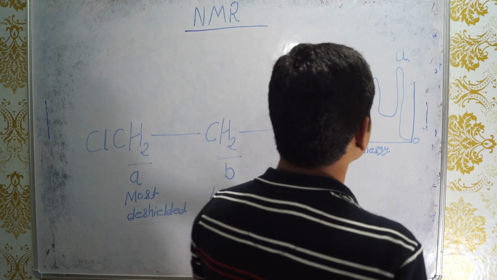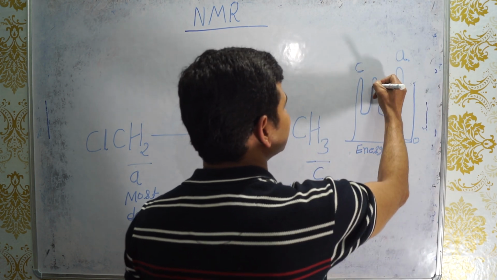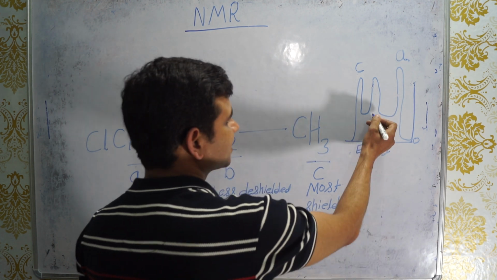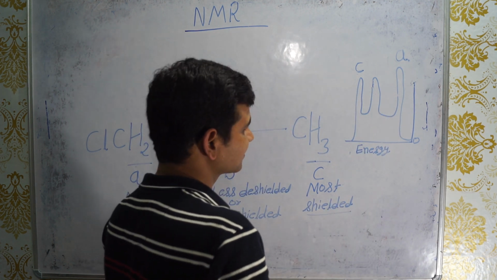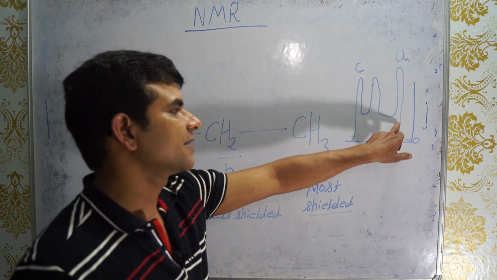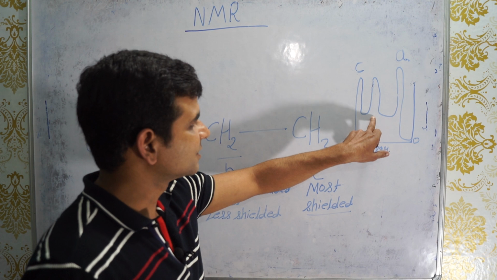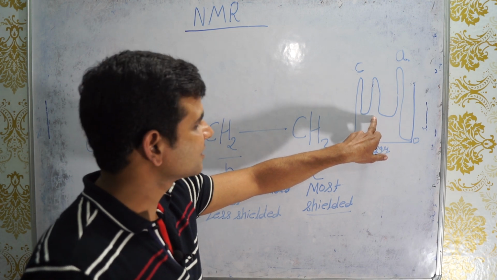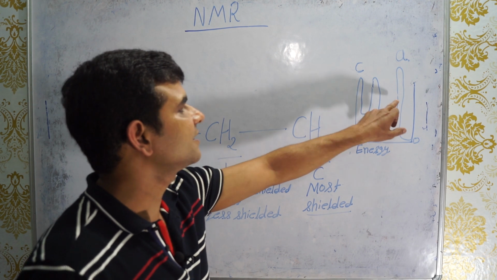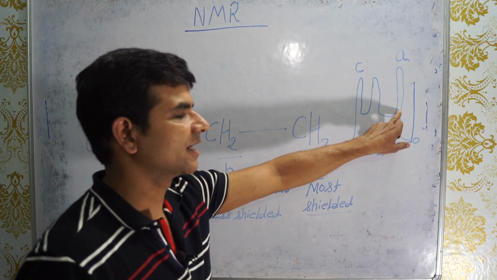Now let's discuss this peak. This peak is in the middle of type C and type A hydrogen atoms. Therefore, this peak will represent the hydrogen atoms which are in the middle of type C and type A hydrogen atoms.